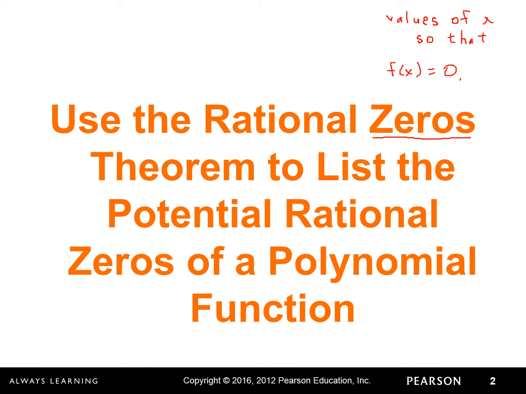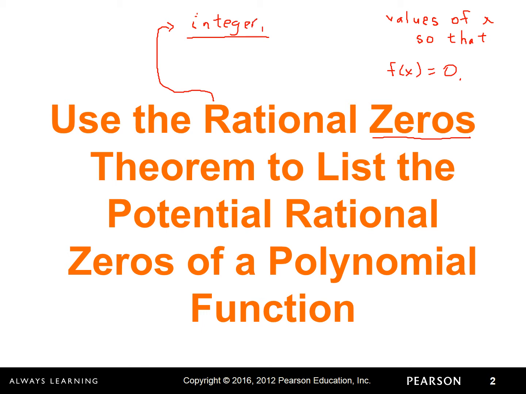What is rational? Now, what we're saying is we're going after numbers that make f 0, but that they are rational. And so that means they can be written as a ratio, as you might expect from the word rational. A ratio, integer 1 over integer 2.